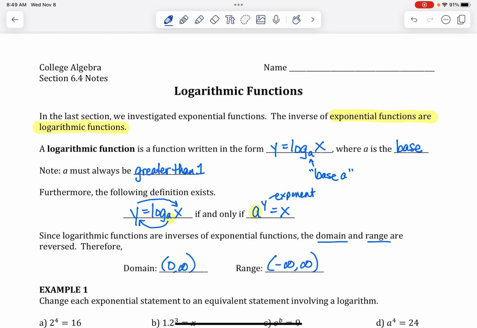When we talk about the graph, we'll see how that applies. If you think about an exponential function that we talked about last time, the domain was all real numbers. Because it's the inverse, it now becomes the range. And the range of that function was greater than 0, and so that becomes the domain of this function.